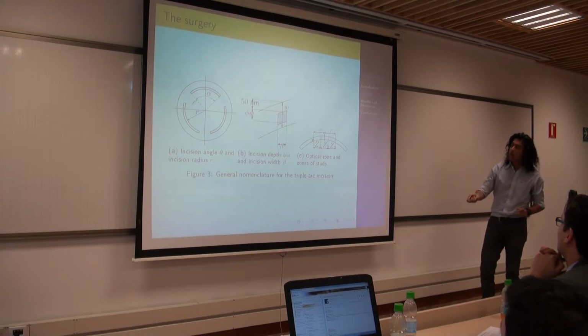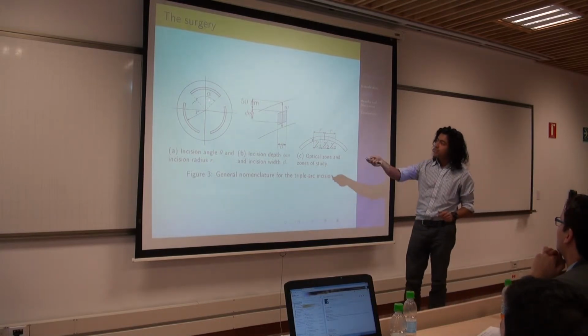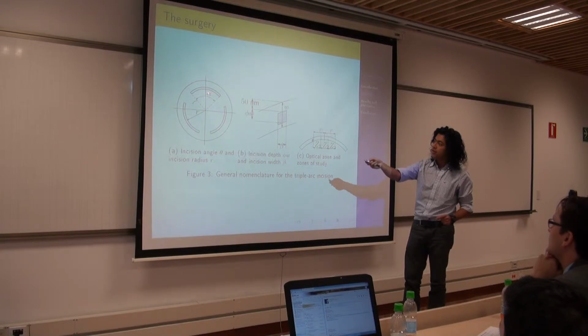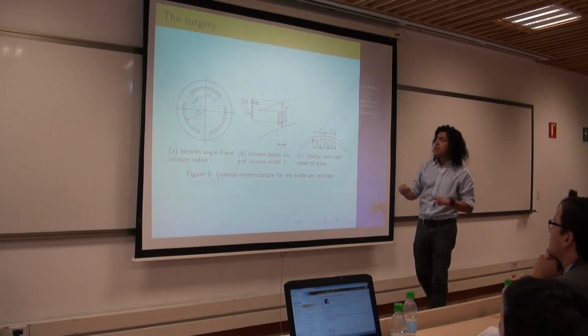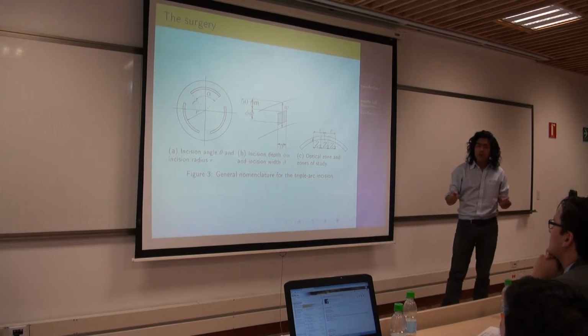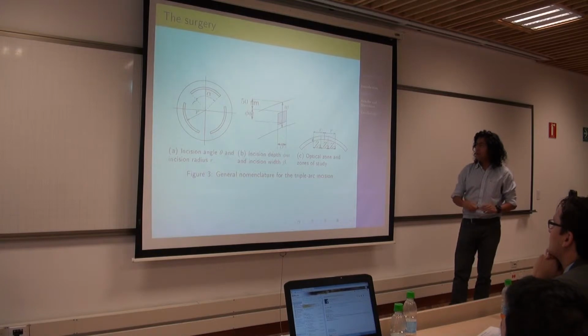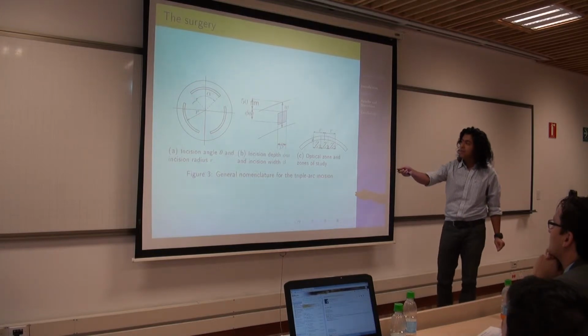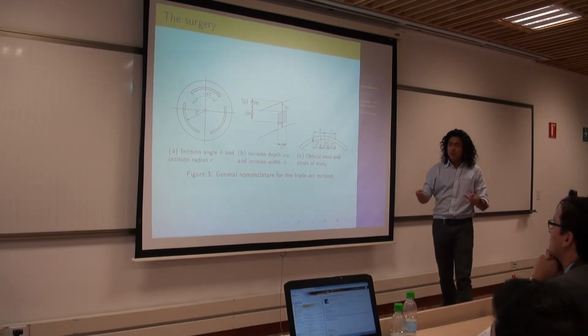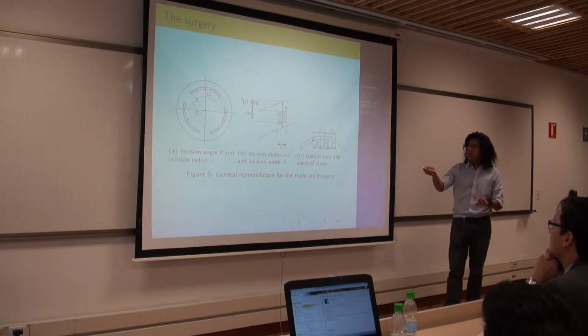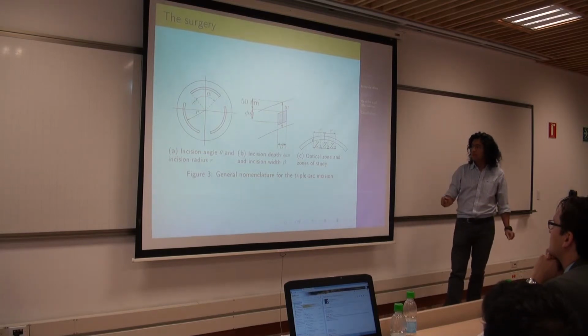These are the incisions, and inside the incisions, this zone is called the optical zone, and that zone is the most important subject of investigation in our research. We want changes in curvature here in order to apply this surgery to patients.